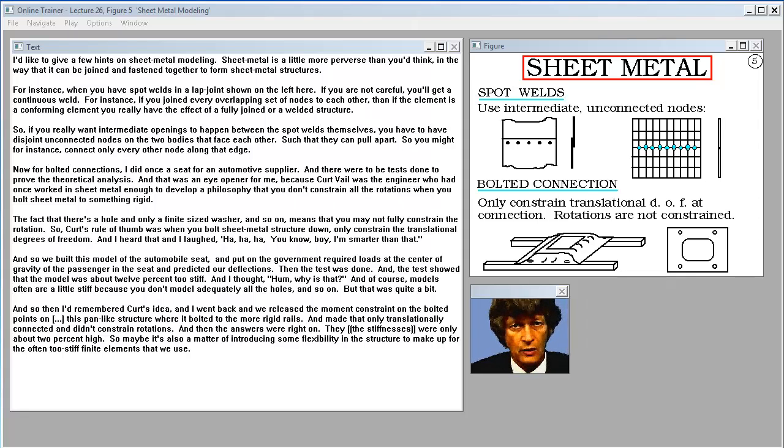I'd like to give a few hints on sheet metal modeling. Sheet metal is a little more perverse than you'd think in the way that it can be joined and fastened together to form sheet metal structures. For instance, when you have spot welds in a lap joint, shown on the left here, if you are not careful, you'll get a continuous weld.